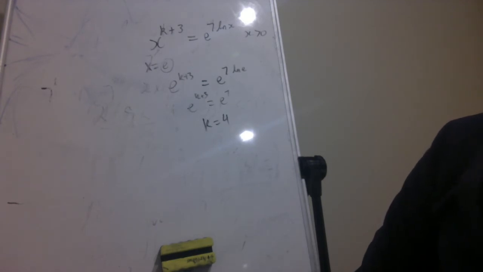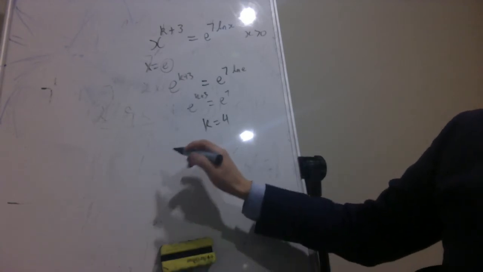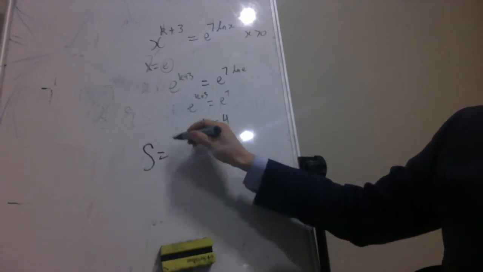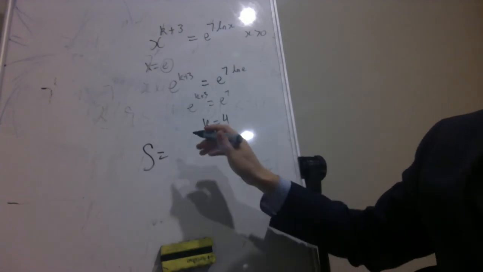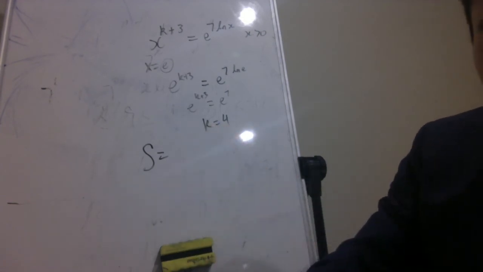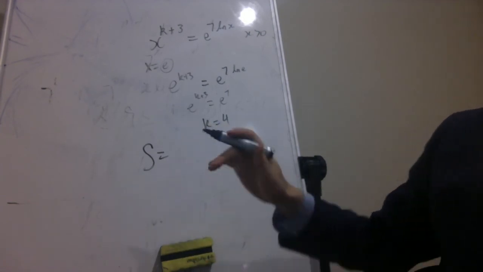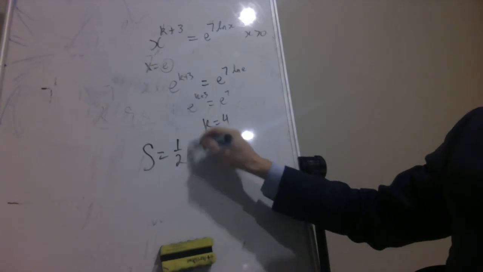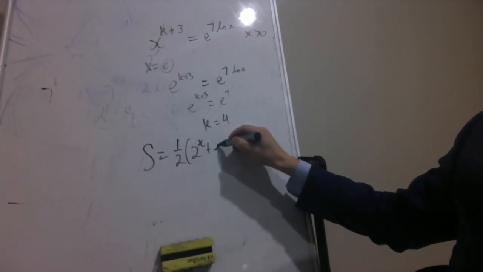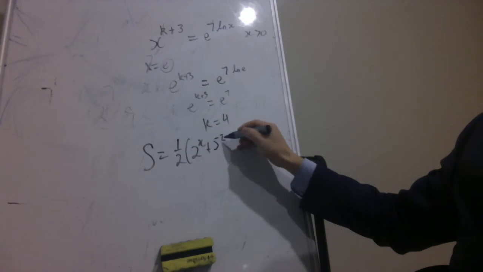Next question B. Okay, so S equals half of 2 to the x plus 2 to the minus x.